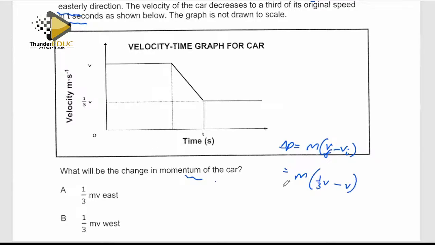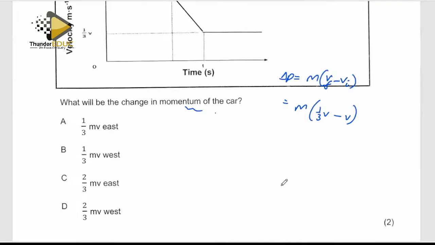When we simplify this, our m is gonna be 1/3 minus 1. That's gonna be -2/3, but v. Meaning that the overall change in momentum is going to be -2/3v.